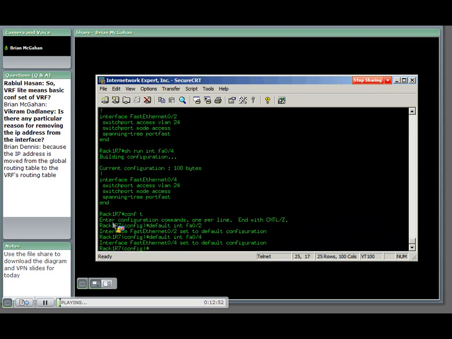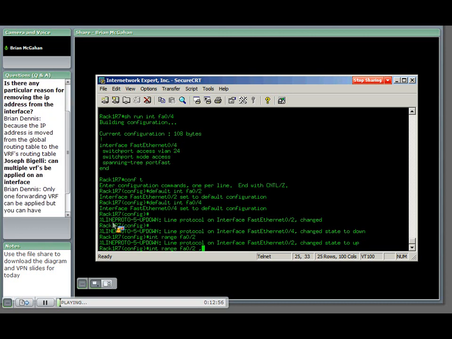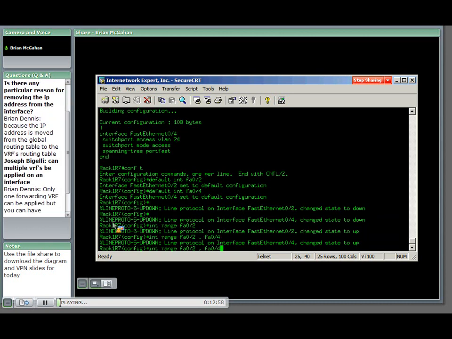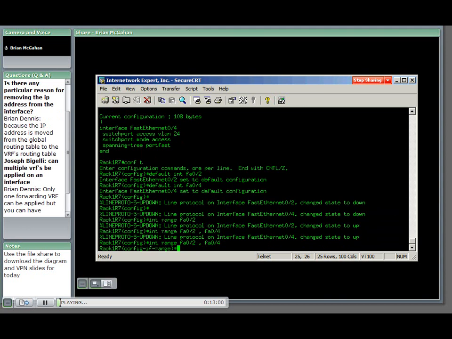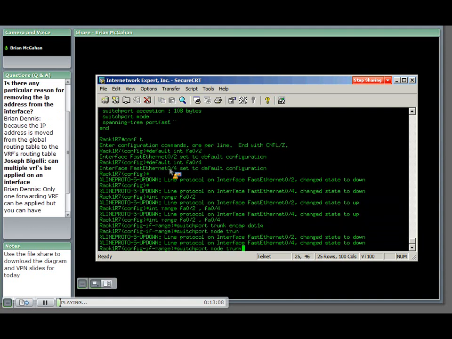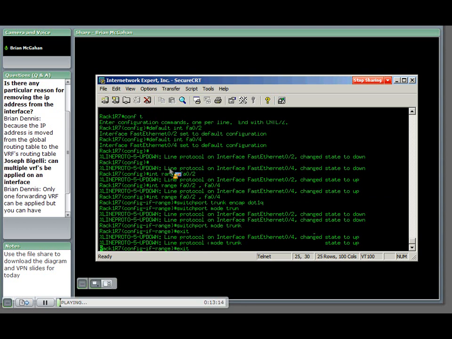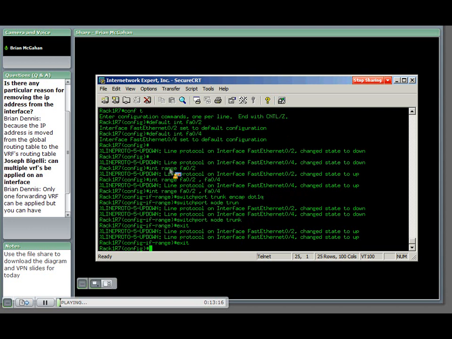We'll reset those configurations, and say interface range Fast Ethernet 2 and 4. We want this to be a trunk, so switchport trunk encapsulation dot1q, and the mode is trunk. Then we're going to use two different VLANs, VLAN 24 and VLAN 42.